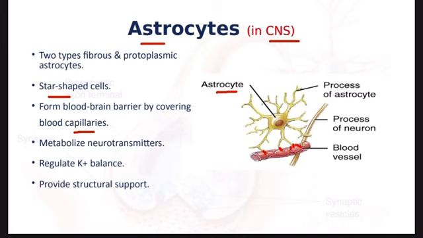As we said, they process neurons and blood supply. They metabolize neurotransmitters, so they move the neurotransmission information. They regulate the potassium balance, especially at the gate. They provide structural support to the neurons, and they are usually next to the neurons.